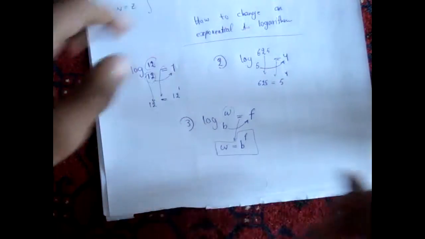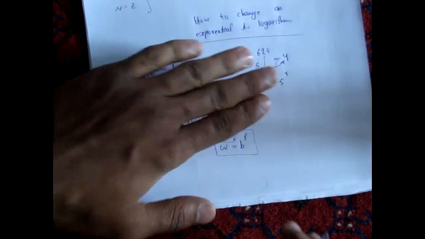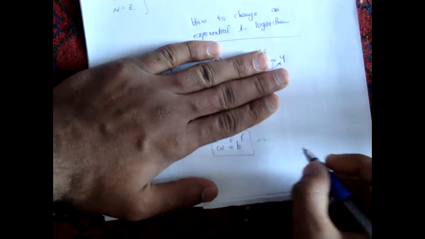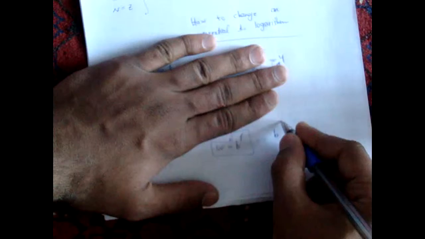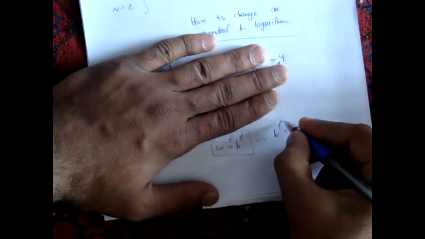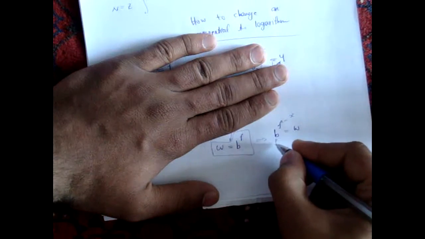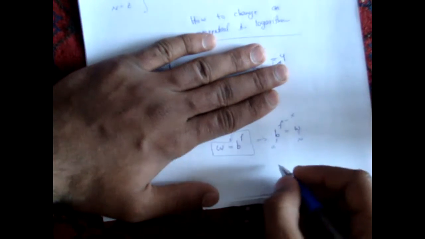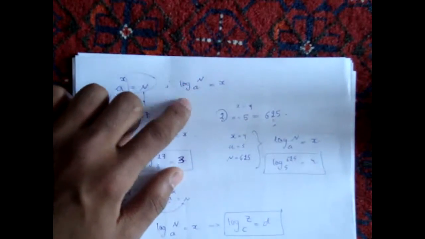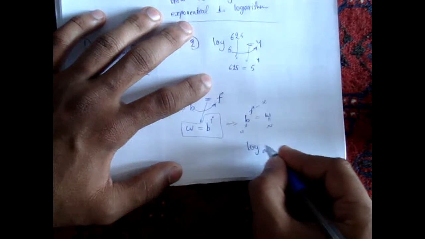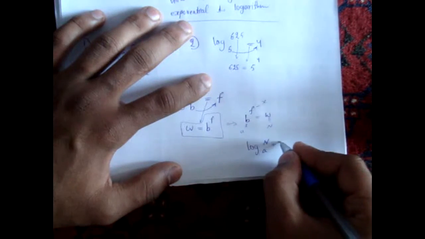So if I want to change this exponential form back to logarithmic form, what I do is I write it down like this, like b to the power of f equals to w. So what is f? F is x, b is a, and w is n. So I use this formula right here, which I written down already. Logarithm base a of n equals to x.